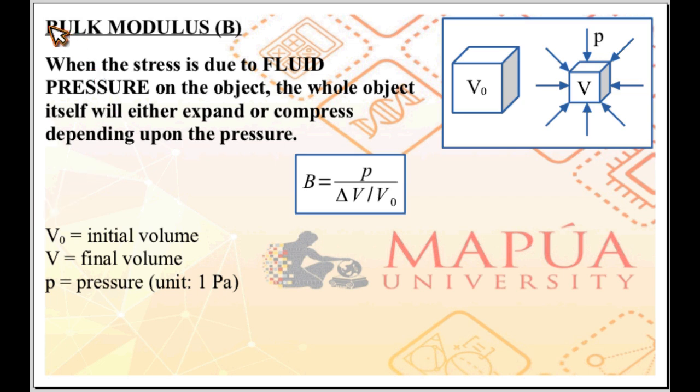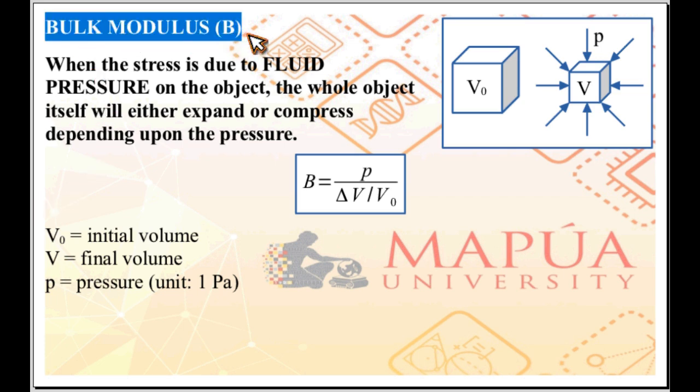And lastly, we have bulk modulus, capital B, when the stress is due to fluid pressure experienced by the object. The whole object itself will either expand or compress depending on the pressure experienced by the object. You have an object with initial volume V naught.